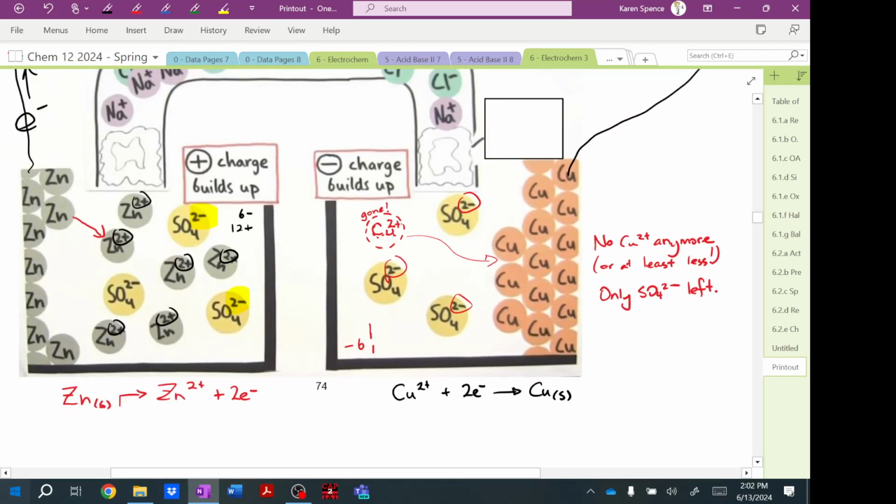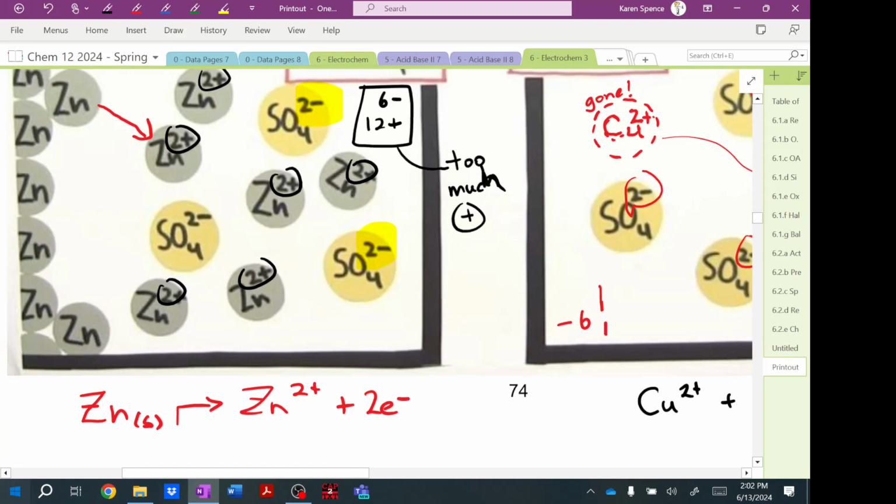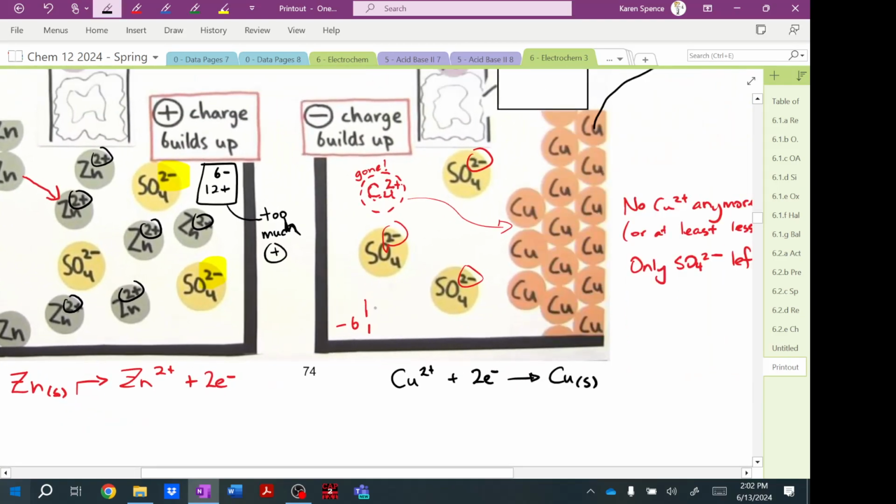How could we get some negative charge over onto this side, because we have too much positive? And over on this side, we have too much negative.